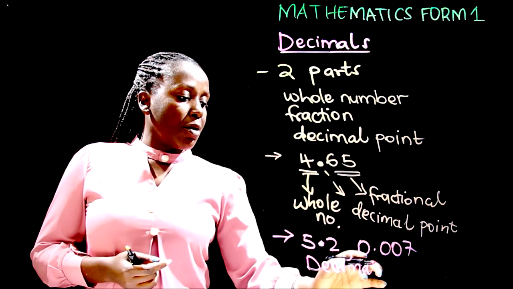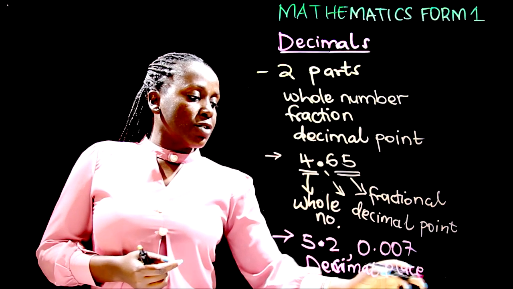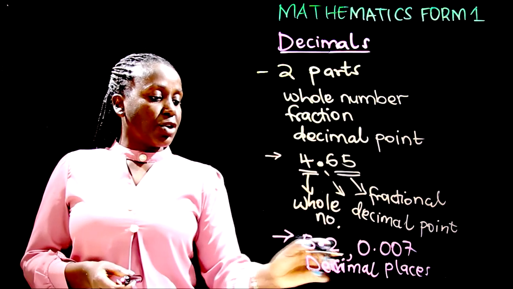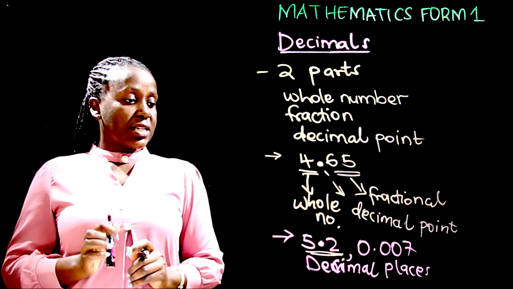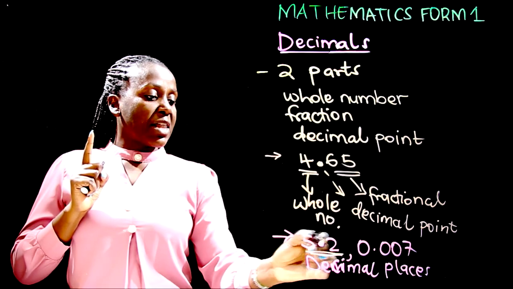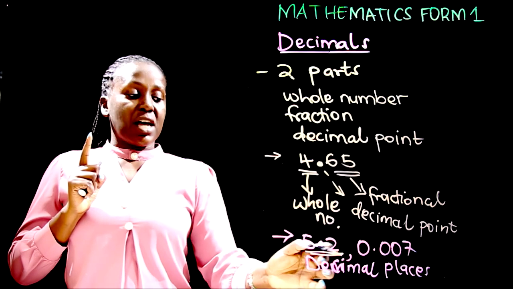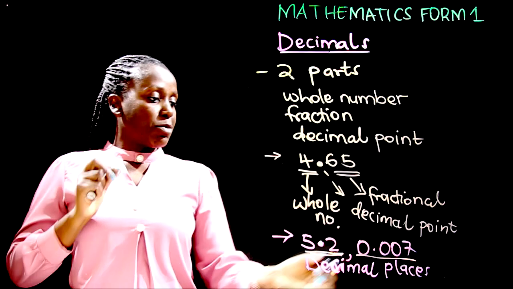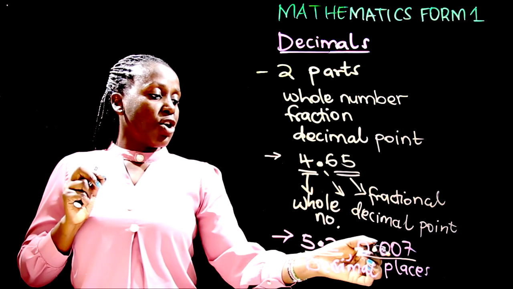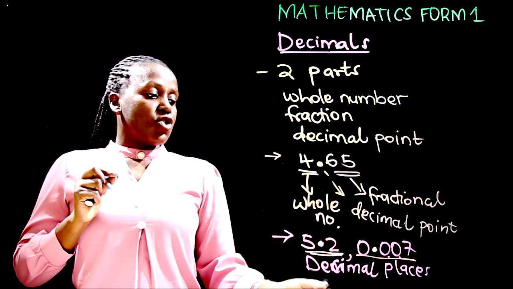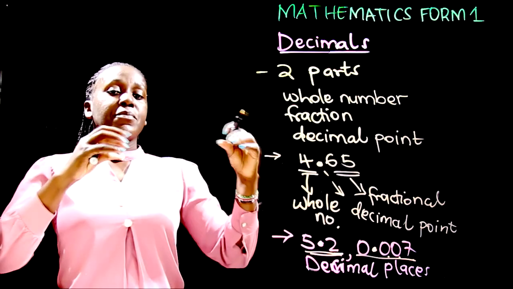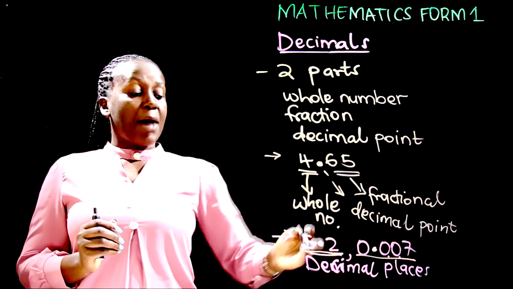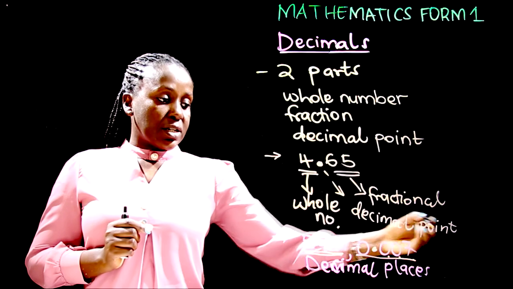For instance, this decimal here, 5.2, has how many decimal places? Just one, because only one number comes after the decimal point. Well, this one has how many decimal places? 3, because after the decimal point we have 1, 2, 3. So the decimal places are the digits in a decimal number that come after the decimal point.